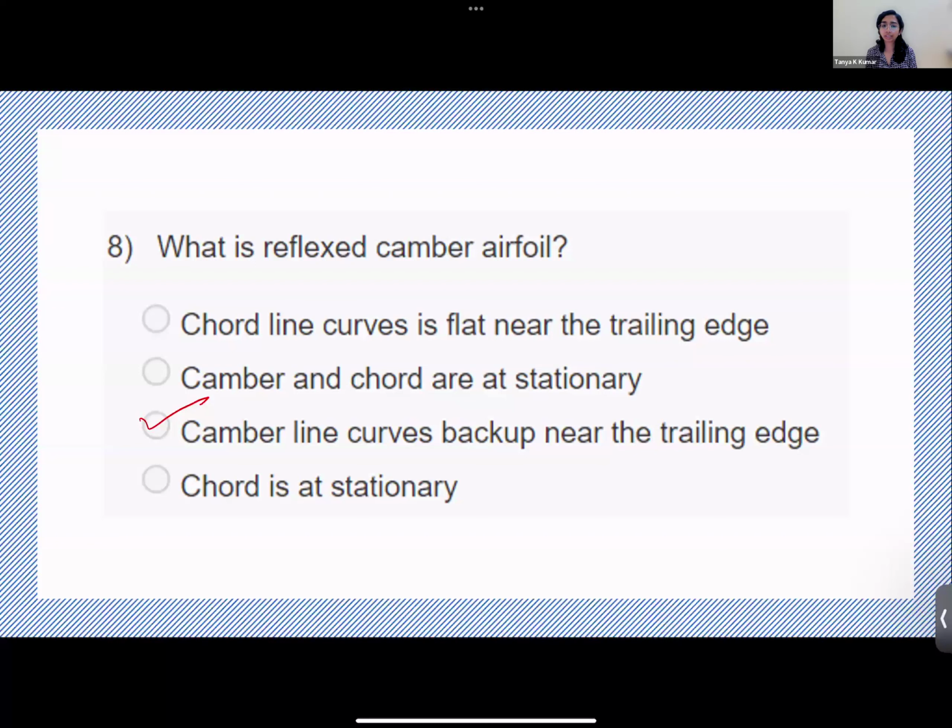What is a tailless aircraft and how is it useful there? What property of the reflex cambered airfoil is desirable to us? Yes, it's useful in tailless aircraft, but what property? Why is it useful in tailless aircraft?